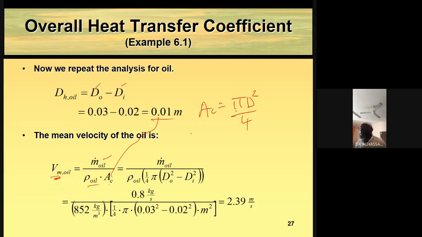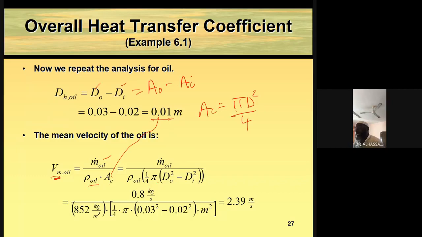So that's the hydraulic diameter for the shell. Alternatively, you can also calculate that it is also equal to AO minus AI. You understand me?